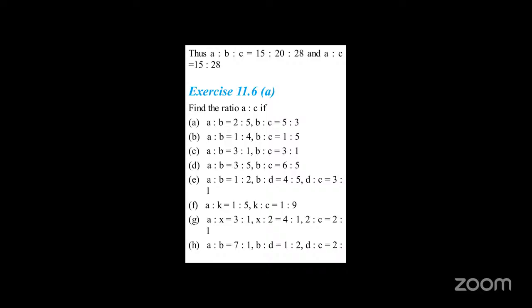Let me do G, number 1G, where we have A ratio X is equal to 3:1. And then we have X to 2 is 4:1.